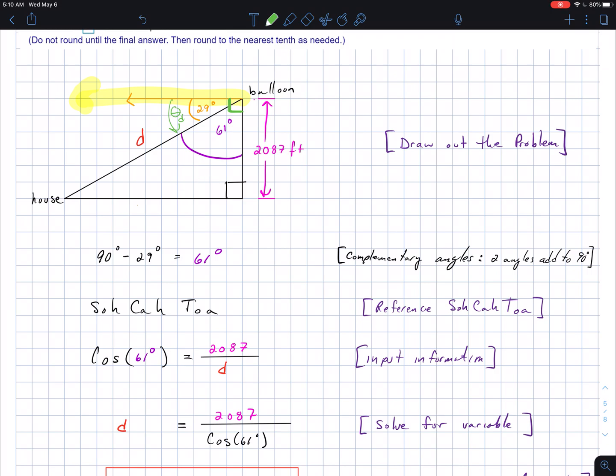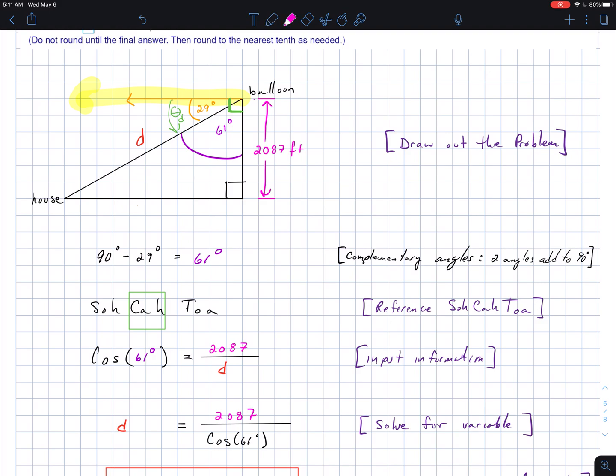Okay? So in this case, we get to use the cosine. And the cosine is a ratio of what? The adjacent to hypotenuse.